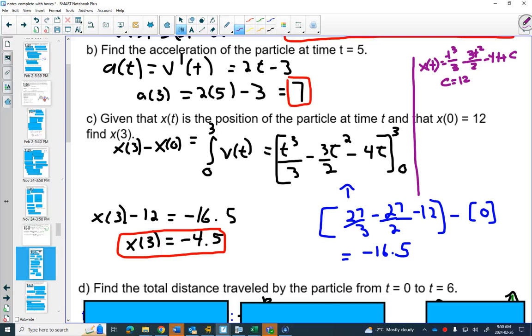So then you would get that x of t equals t cubed over 3 minus 3t squared over 2 minus 4t plus 12. And you could just plug in 3 into that and solve for x of 3 that way as well.